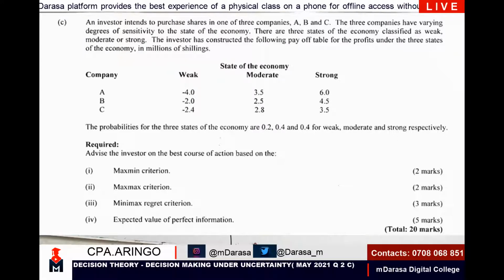The beauty of it is that the examiner has given us the payoff, so we will not be required to prepare our payoff. We are told the probabilities for the 3 states are 0.2, 0.4, and 0.4 for weak, moderate, and strong respectively.